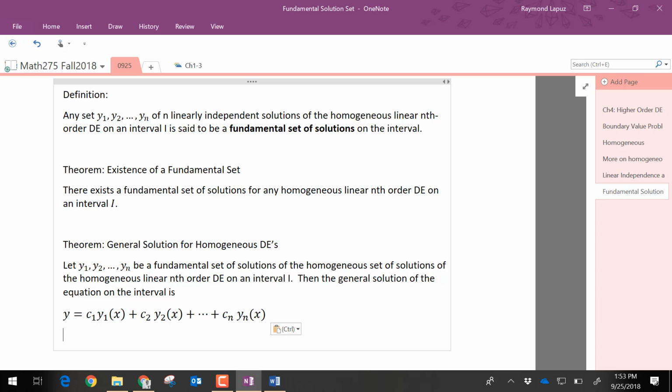Yes. So right now, this is the underlying theory behind it, and we haven't learned how to find y1, y2 yet. But we will, and we will need to check if they're linearly independent, and then once we do, then we know what to do after that.